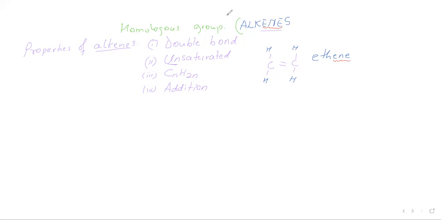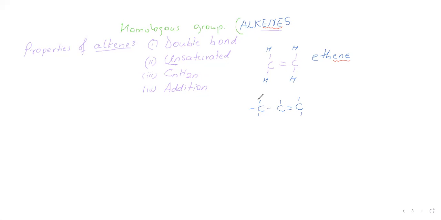The next one, we have 3 carbons there. Now let's look at this carbon here: 1, 2, 3, 4 bonds, and this one here is 1, 2, 3, 4.